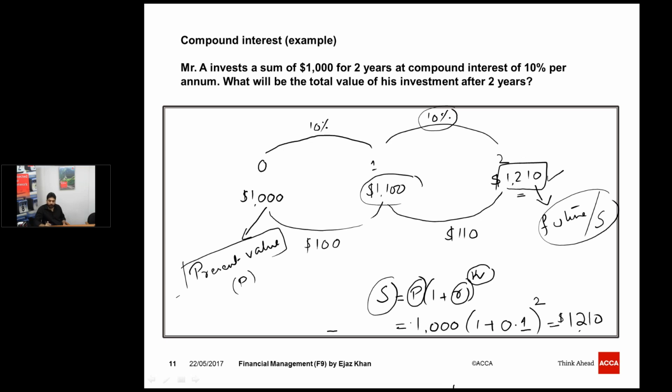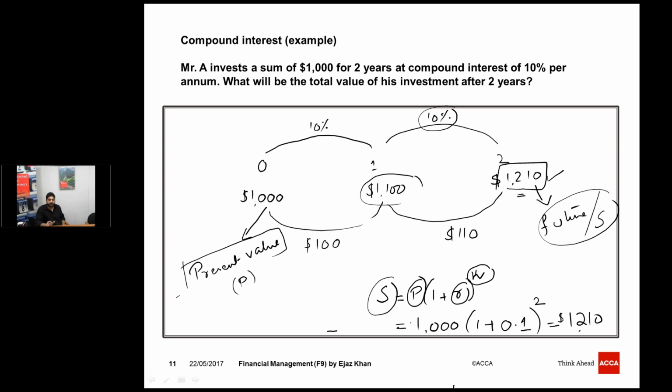The reason why we are doing all this is to know the difference between present value and future value. So you should always keep this in mind. Later on, whenever we calculate present value, we will actually be subtracting the amount of return that is included in the sum.